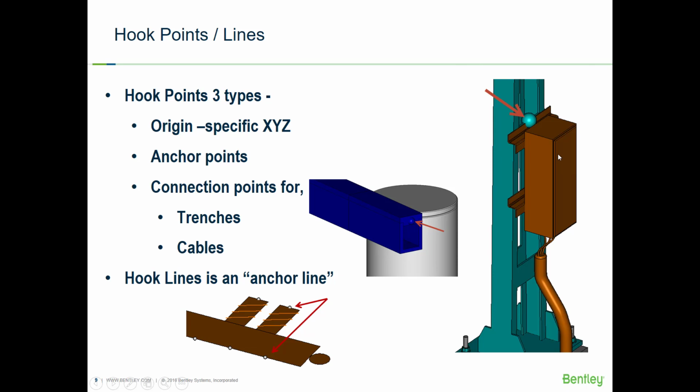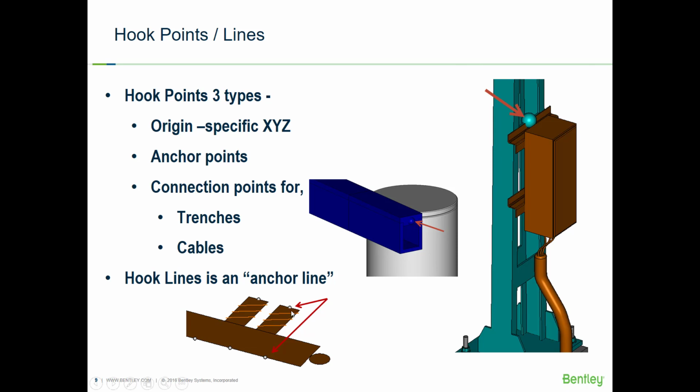Like in this picture on the right, where we have a junction box mounted on the catenary mast. And we can utilize that hook point to snap those two together. We've got another type for trenches. That will be your connection point, if you like, for the trenches, so we can build up the trench network.